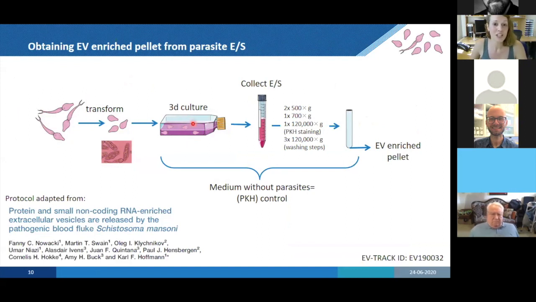After 3 days, I collect the ES and do multiple centrifugation steps to end up with an EV-enriched pellet. And as a control, I always take along plain medium, also in a flask, also cultured for 3 days but without the parasites, and then process and stain it exactly the same way. I actually also uploaded it on the EV track if you want more information.